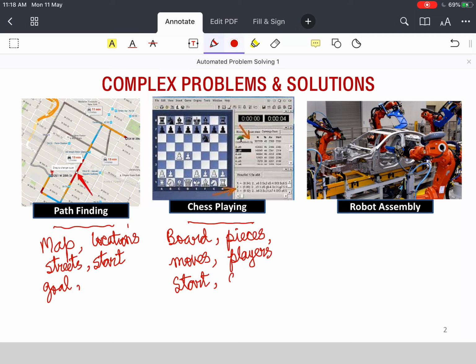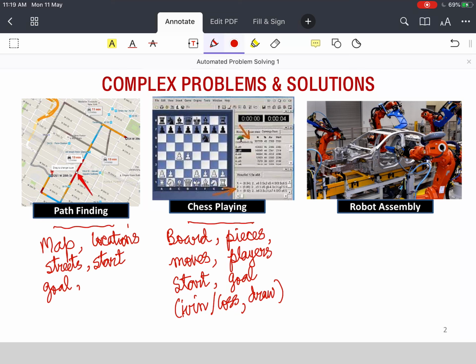However, the goal position varies depending on whether there is a win or a loss for somebody or a draw. So again, here is another very, very complex problem for which individual programs can be written for solving this problem, and for which there are various techniques to write good programs.